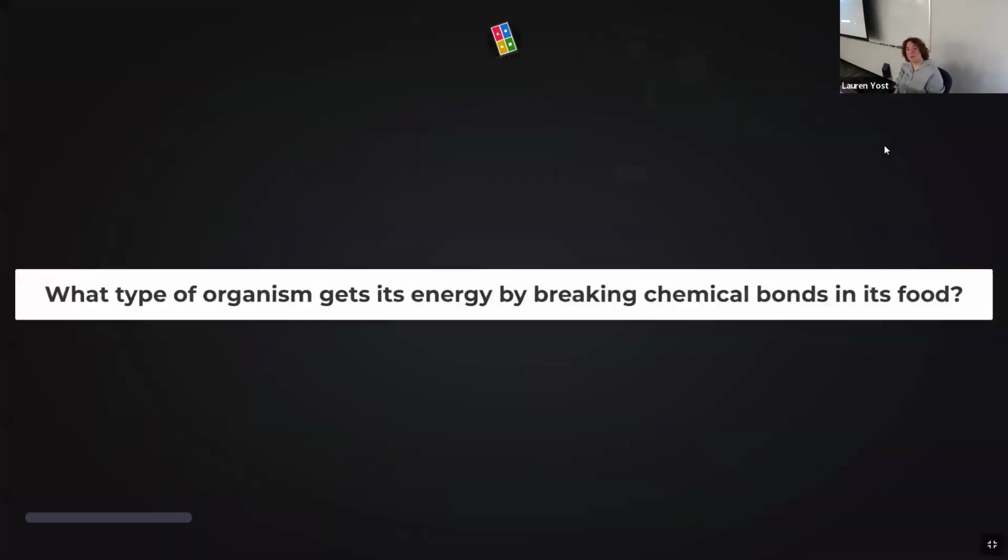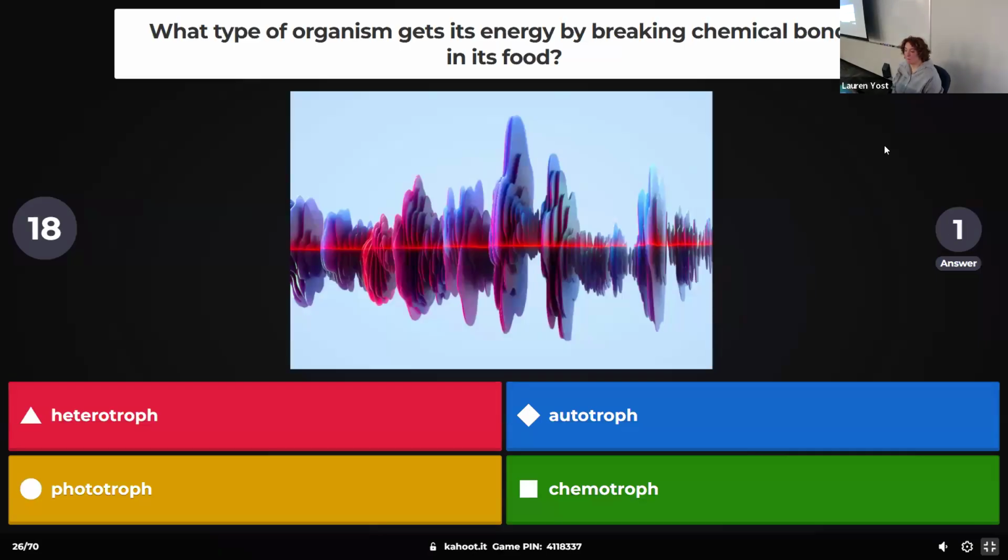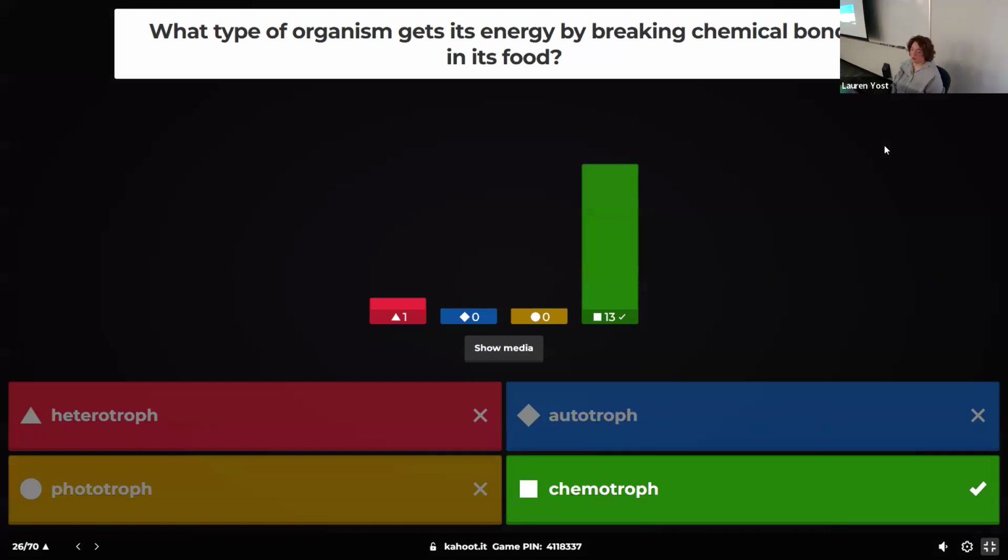Moving on, what type of organism gets its energy by breaking chemical bonds in its food? Excellent, chemotrophs.